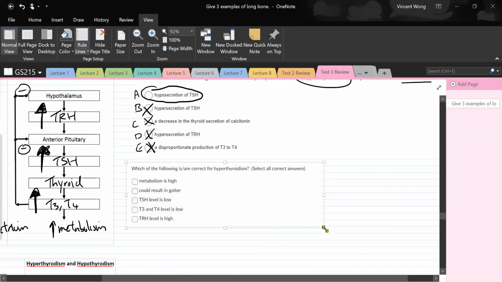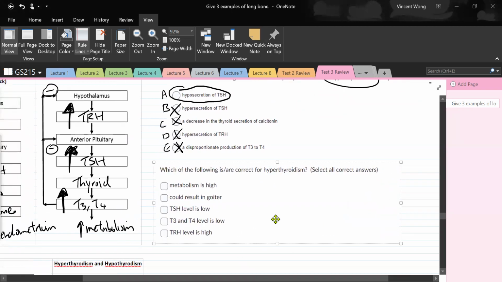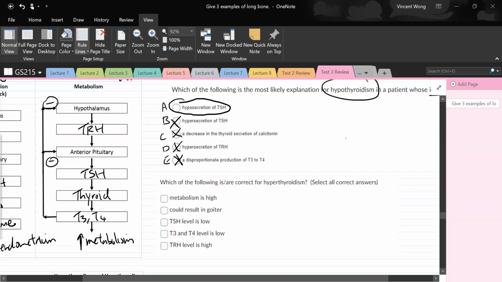Which of the following is or are correct for hyperthyroidism? Okay, so metabolism is going to be high. Could result in goiter.